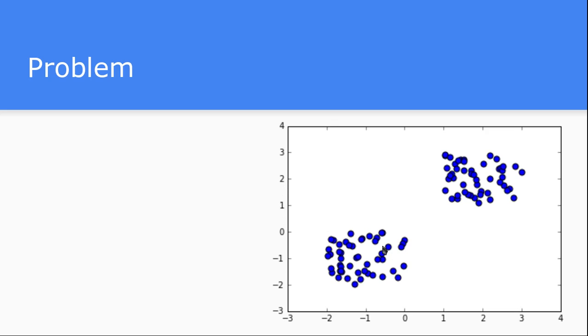I purposely created this data so that it forms one cluster in this region and one cluster in this region, but as prior knowledge we don't have any knowledge of whether a particular data point among the whole data set belongs to a particular cluster or not. So for us at this moment all data points belong nowhere, and that's why I have given just a single color to each and every point.